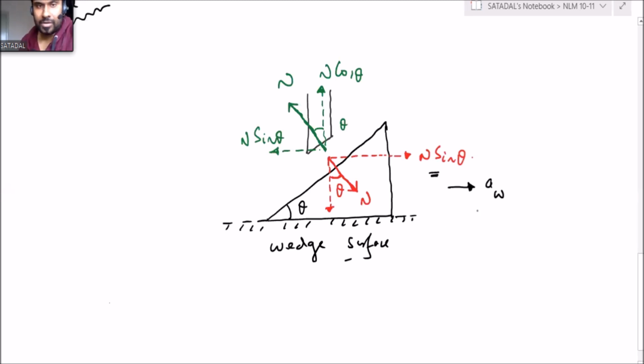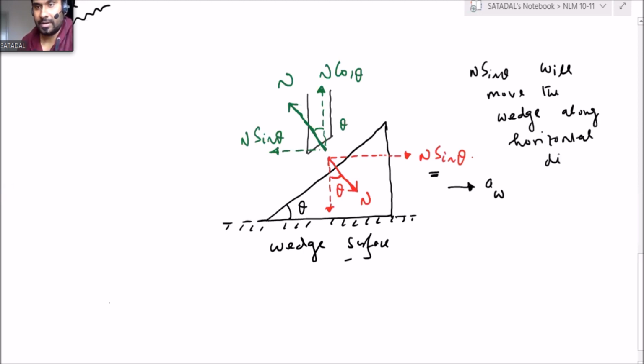Okay. So now this is the direction of the acceleration of the wedge. So I will write N sin theta will move the wedge along the horizontal direction. Okay? Correct. So in that direction, I can write Newton's laws of motion.